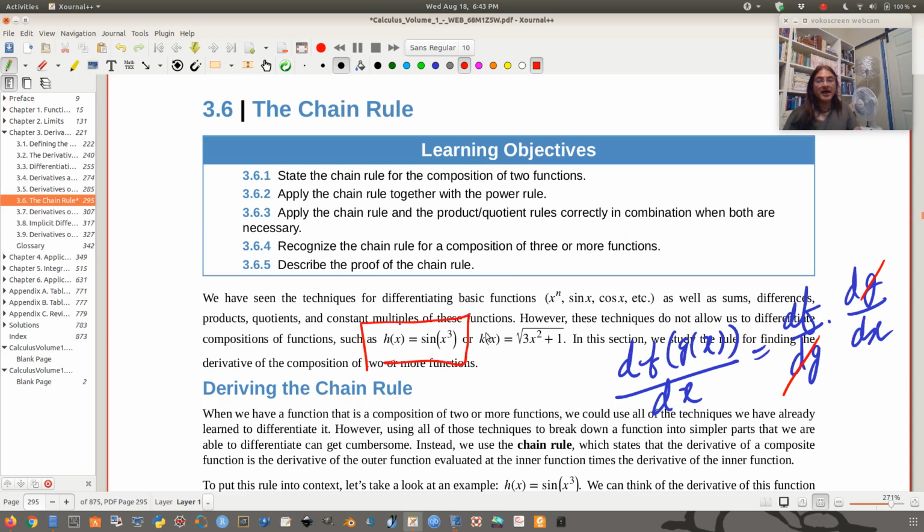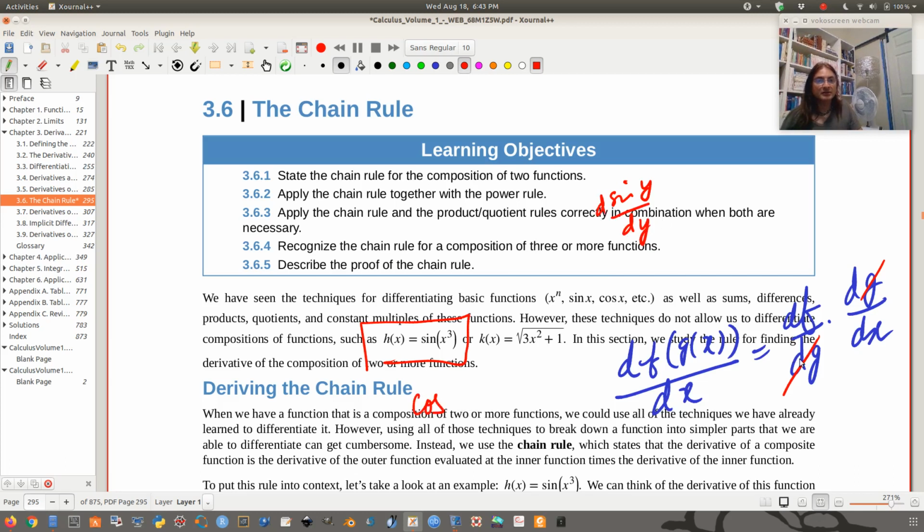So the question is, what does it mean for this case here, sine of x cubed? It will be: take the derivative of f with respect to g. So treat x cubed as some y. If you have sine of y and you take the derivative with respect to that y, what do we get? We get cos of y.